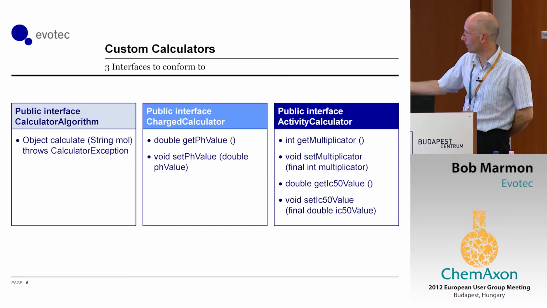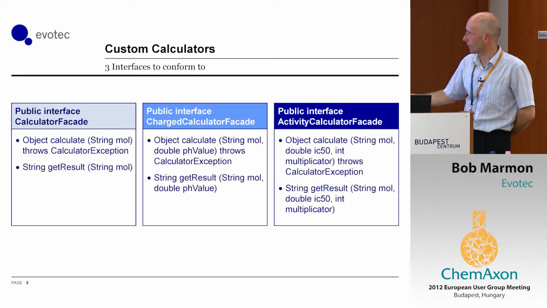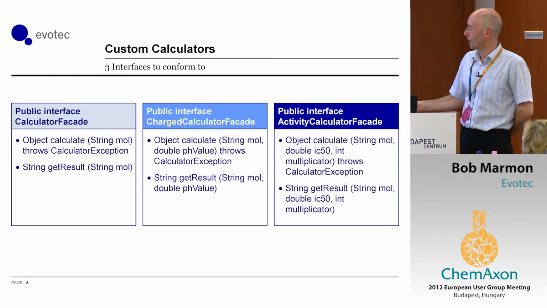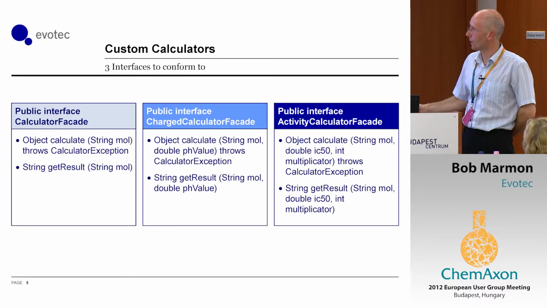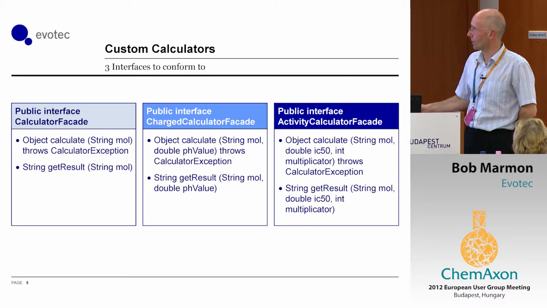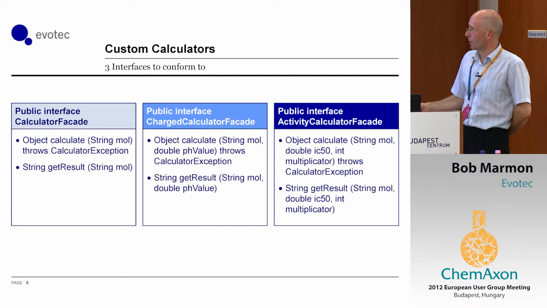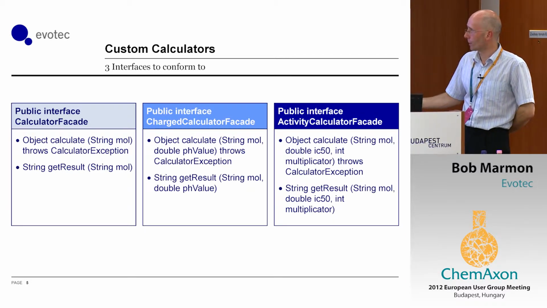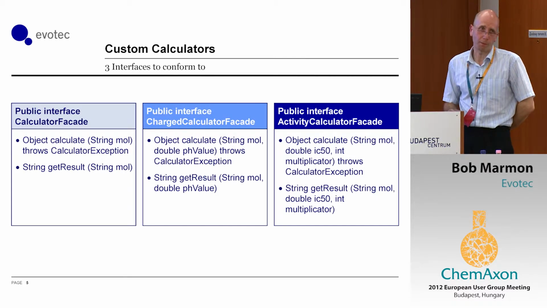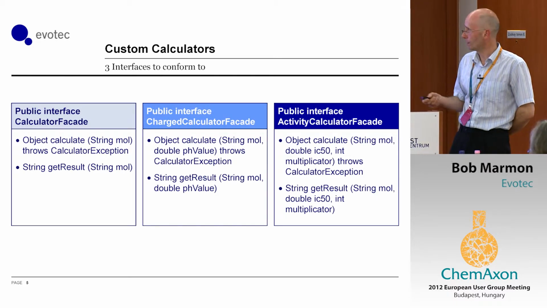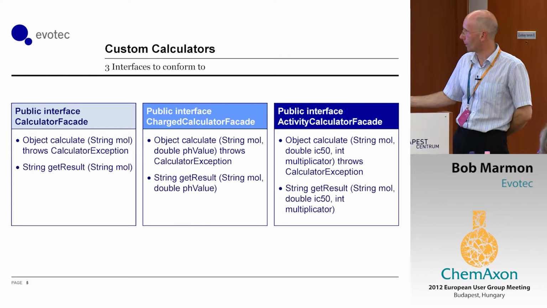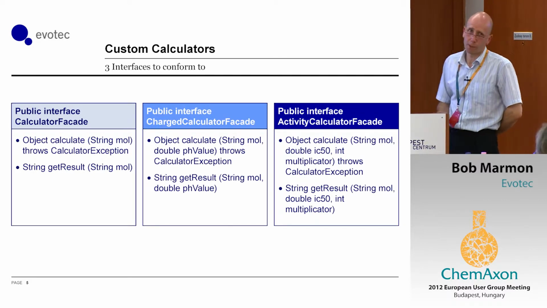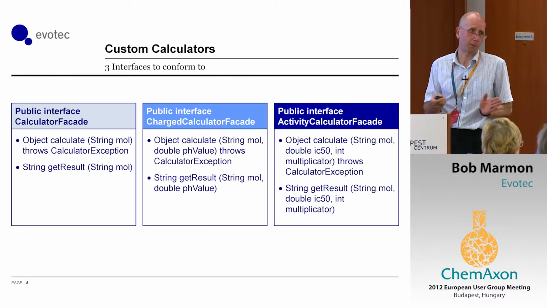I should mention as well, on this one we've got two methods in the interface. So we've got a basic calculate method which returns an object which can be further processed by the calling class, and then we've got a preferred method that we use called getResult that provides back a formatted method ready for display.